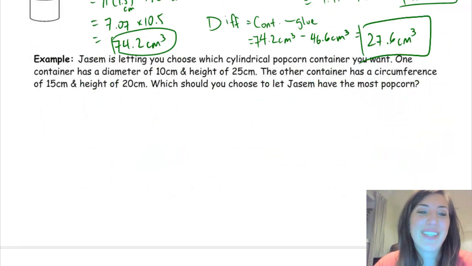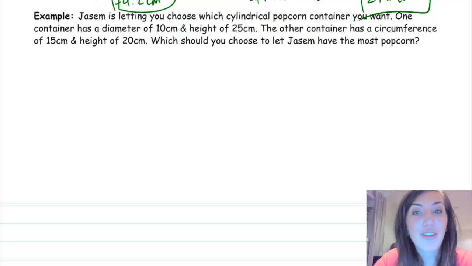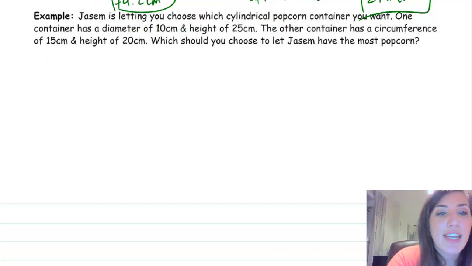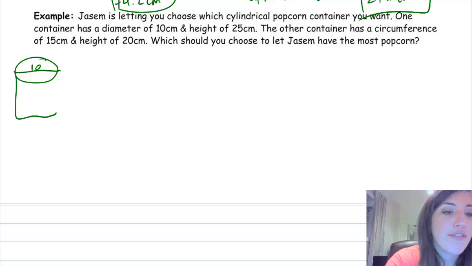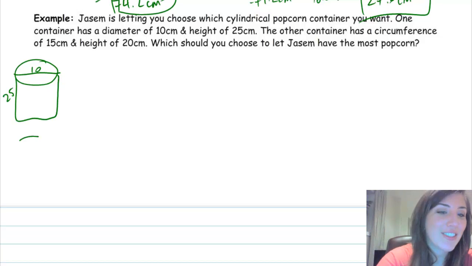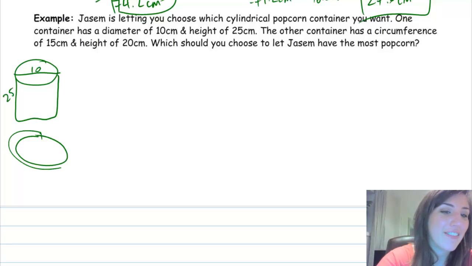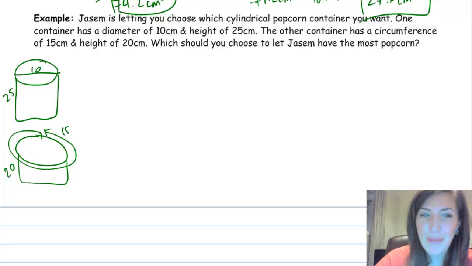Last example for today. Jassim is letting you choose which cylindrical popcorn container you want. One container has a diameter of 10 centimeters and a height of 25 centimeters. The other container has a circumference of 15 centimeters and a height of 20 centimeters. So which one should you choose to be the nice person and take a little bit less popcorn this time?